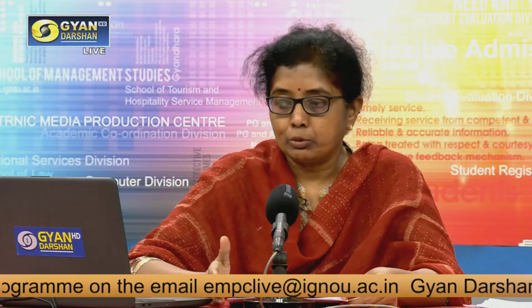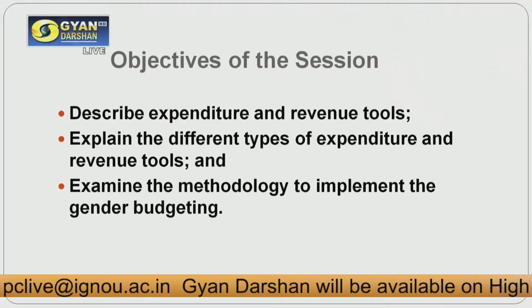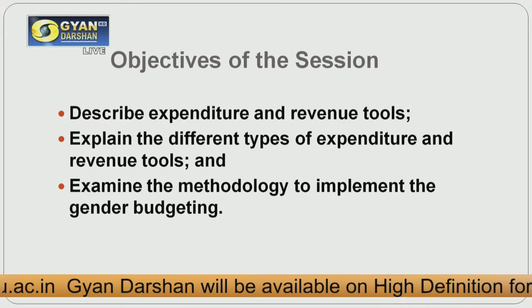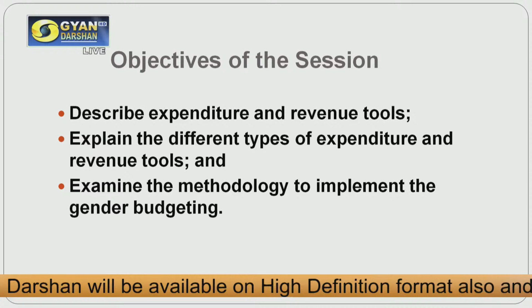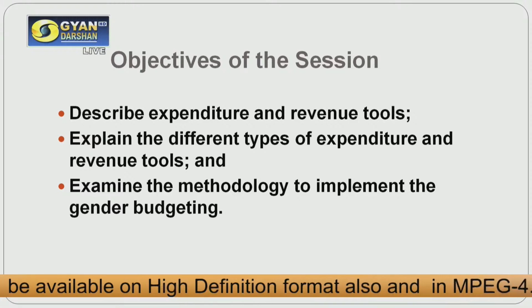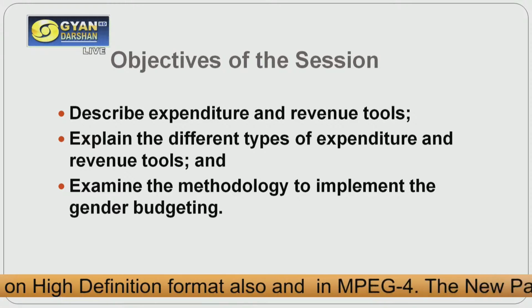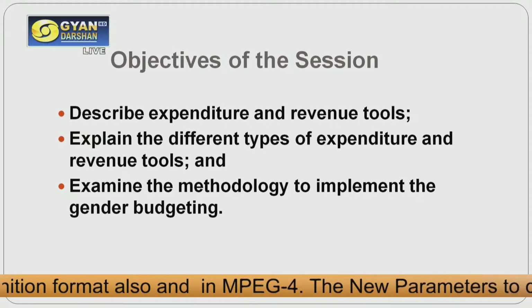These are the things we are going to discuss in this session. The objective of this session is to describe expenditure and revenue tools, explain the different types of expenditure and revenue tools, and examine the methodology to implement gender budgeting. These are the three objectives we are going to discuss.